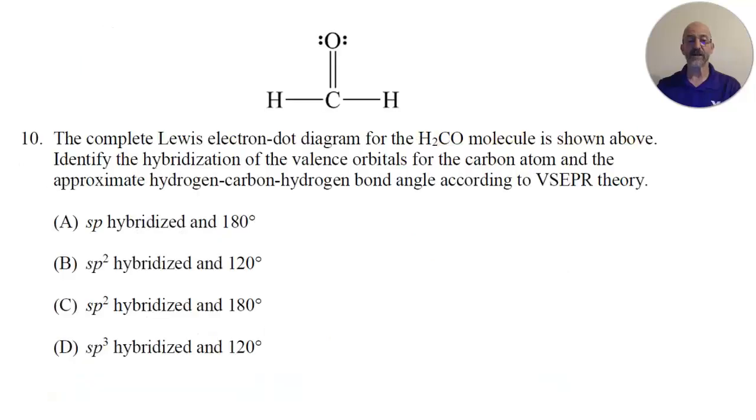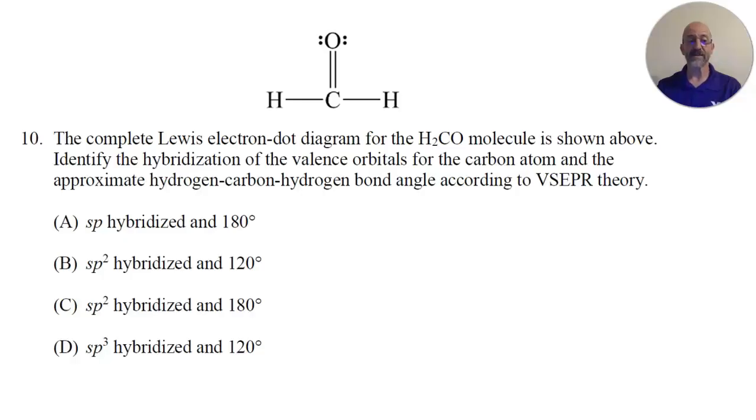Now let's take a look at question 10. In question 10, it says the complete Lewis electron dot diagram for the H2CO molecule is shown above. Identify the hybridization of the valence orbitals for the carbon atom and the approximate hydrogen-carbon-hydrogen bond angle according to VSEPR theory.